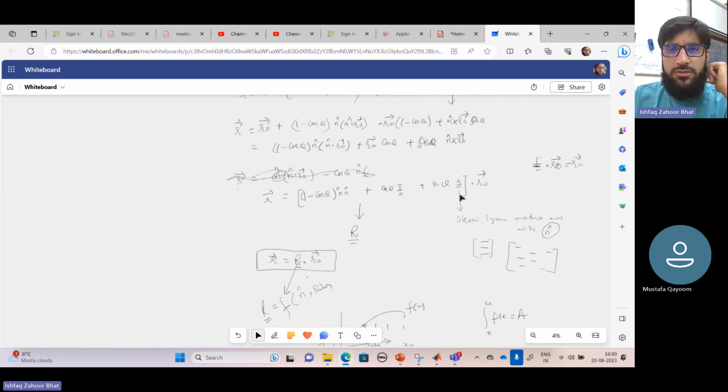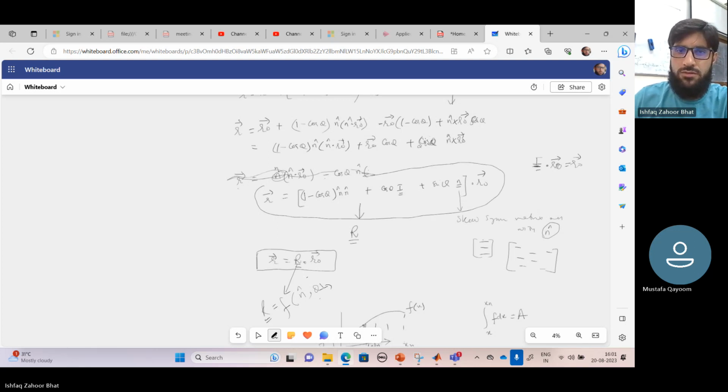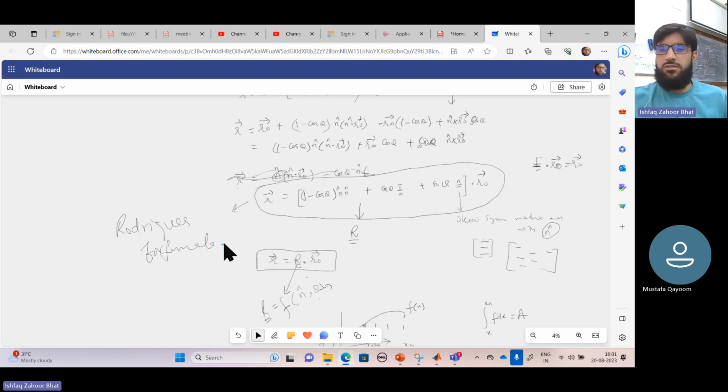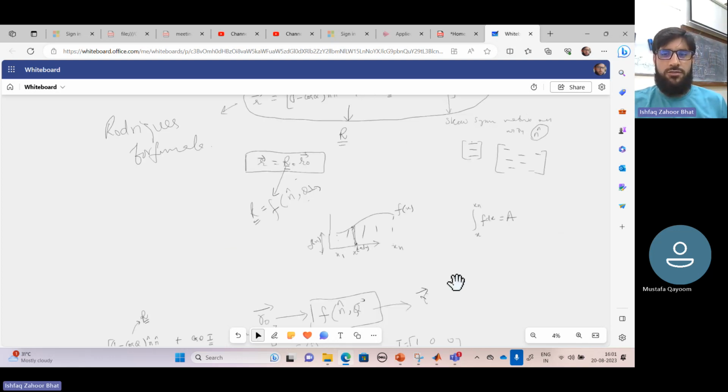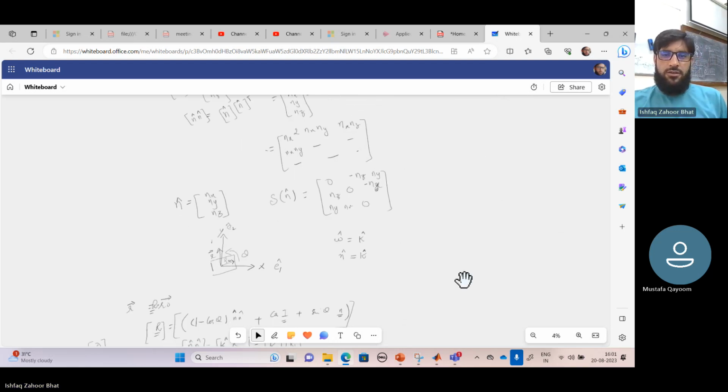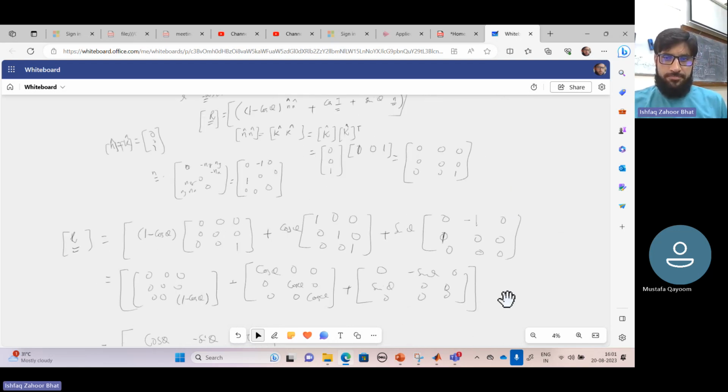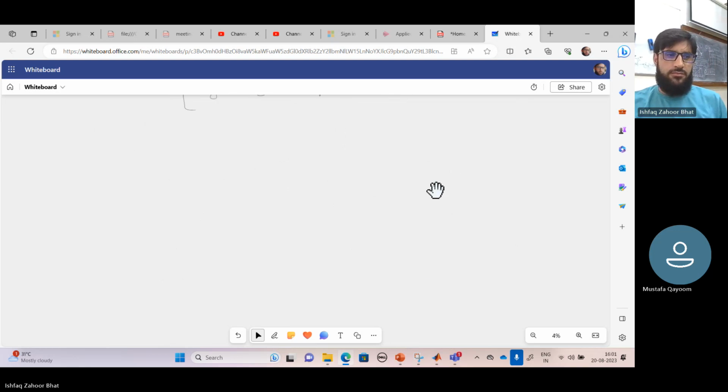It is known as the Rodrigues formula. Okay, so this is known as Rodrigues formula, who first calculated it.